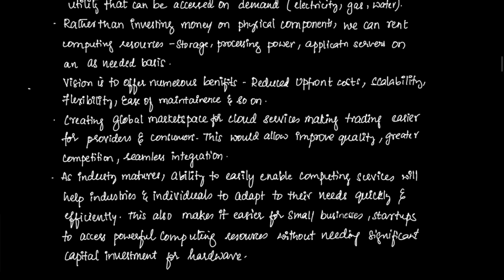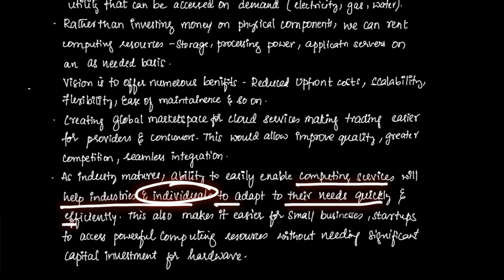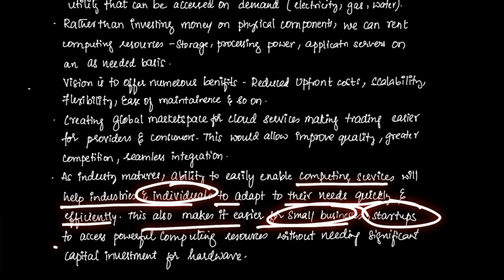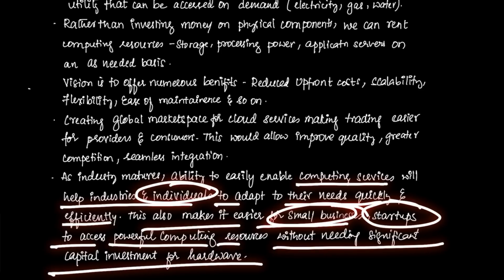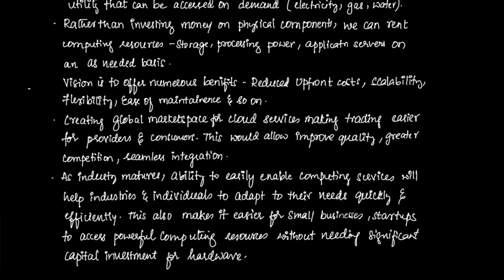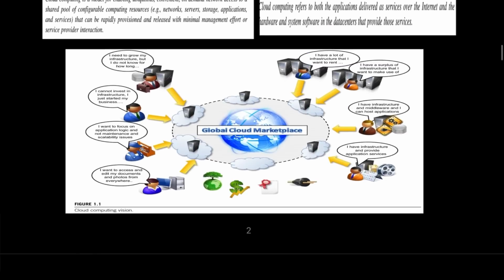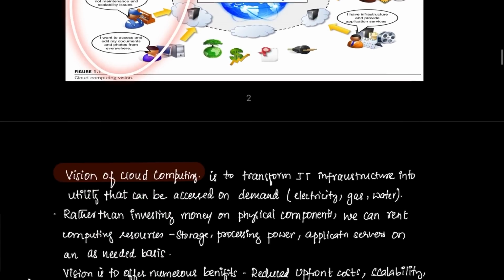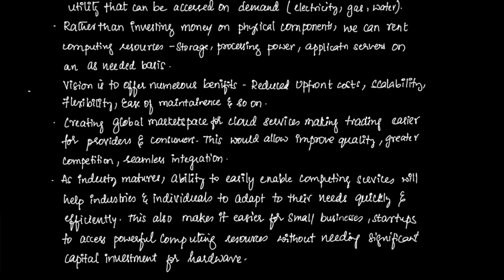So as industry matures, ability to easily enable computing services will help industries and individuals to adapt to their needs quickly and effectively. This also makes it easier for small businesses, startups to access powerful computing services without the need to significantly invest on the capital or infrastructure. So these points we have covered in these figures only, right? So the same thing has been written here.